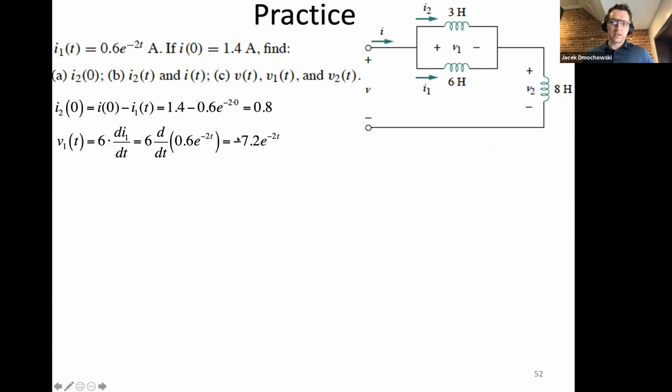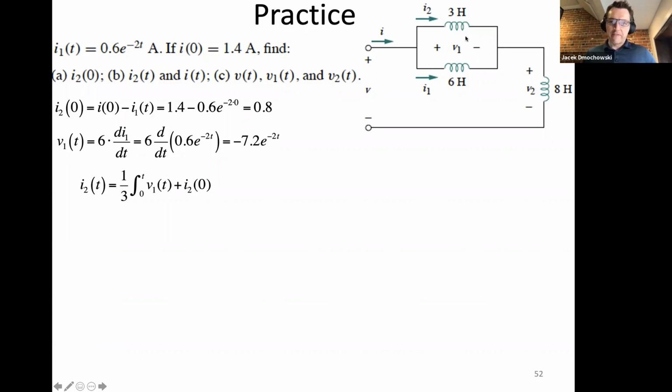And let's see, what else can that give us? Where would I go next with this? I think the next thing I did was get I2 of t. This inductor here is sitting at V1 volts.